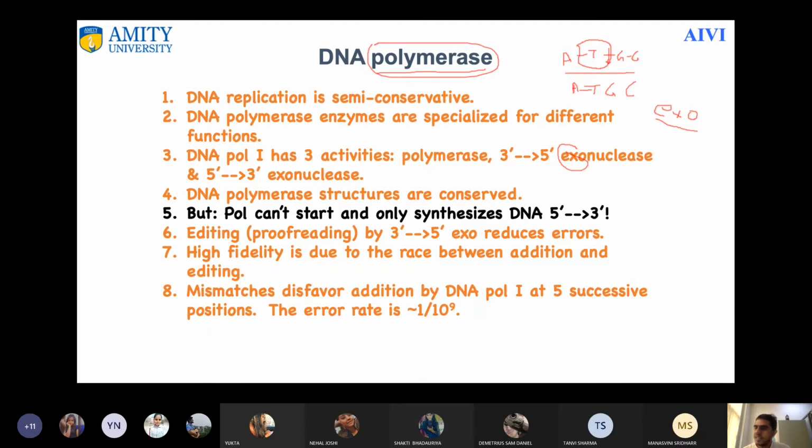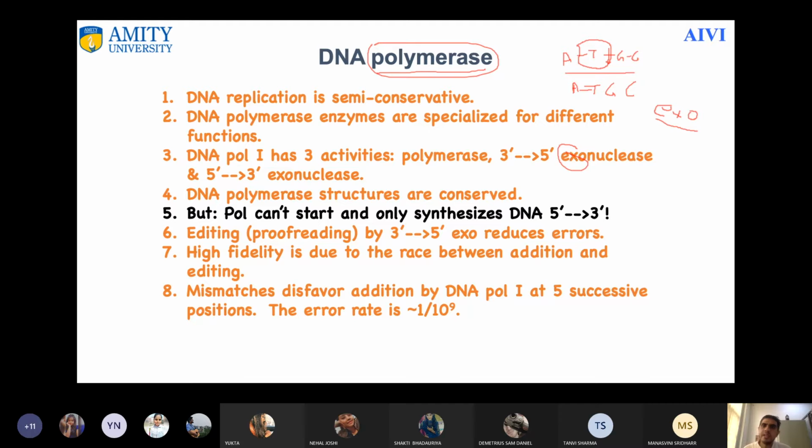Where they find the ends, they can remove the nucleotide from the ends. From which end are they going to remove nucleotides? From the replication site, because DNA polymerases are present at the replication site. If they find ends at the replication site, they can remove them.